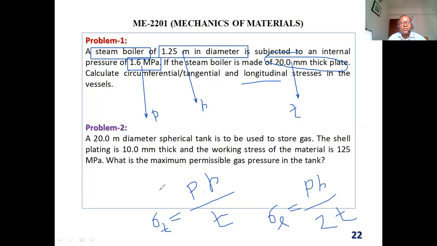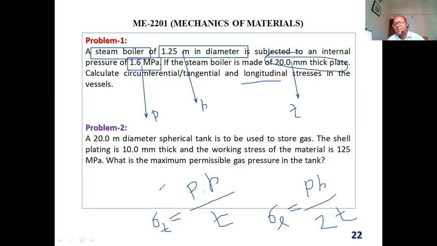Then Zakaria Kobir, roll 111. Yes, sir. Okay, tell me what mistake I made. Sir, it's 20 millimeter. We should convert it to meter, I think. Okay, I wrote down two formulas for which pressure vessel?